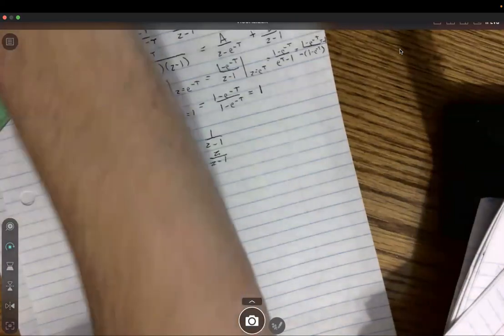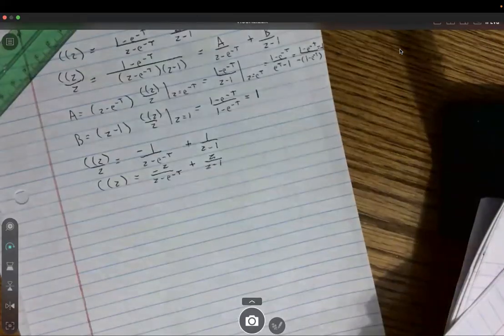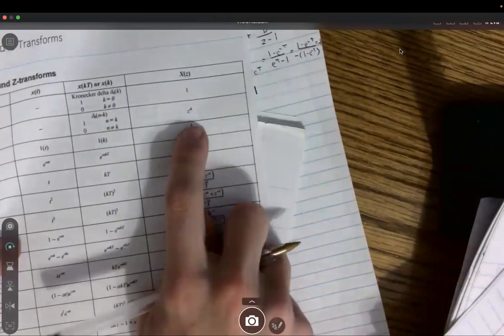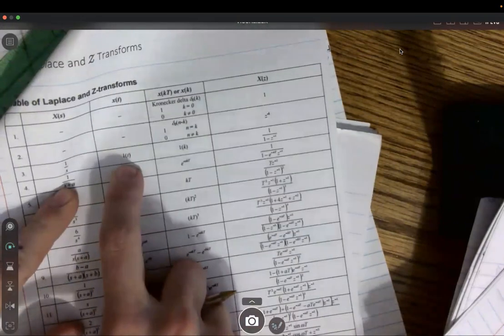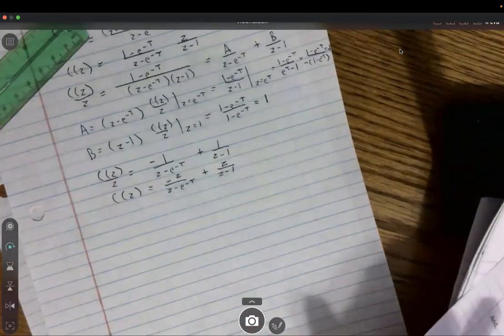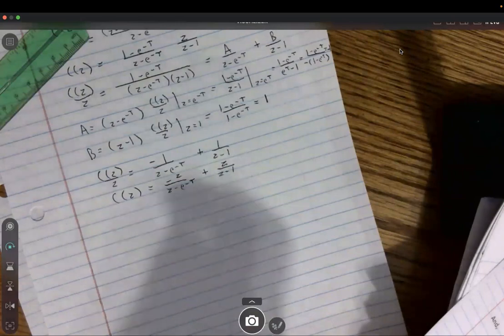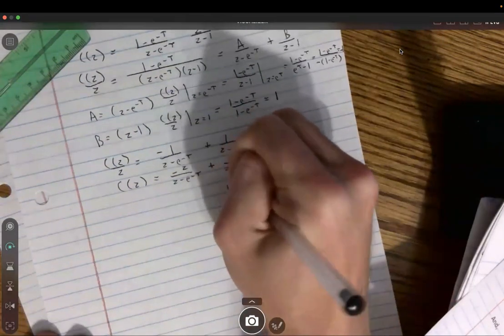Here is our table. This is Z over Z minus 1, and notice that this is the constant, which for us is just your unit step. So this is just our unit step here.